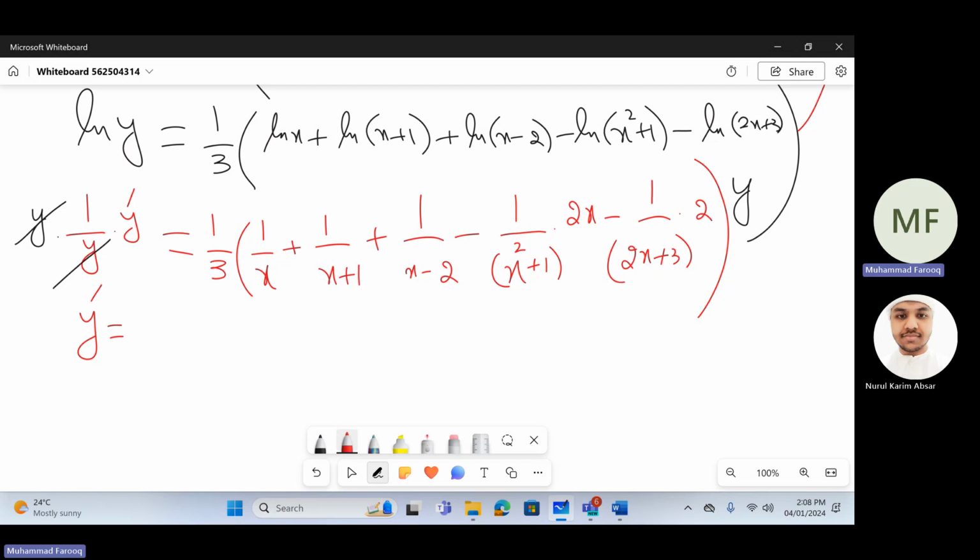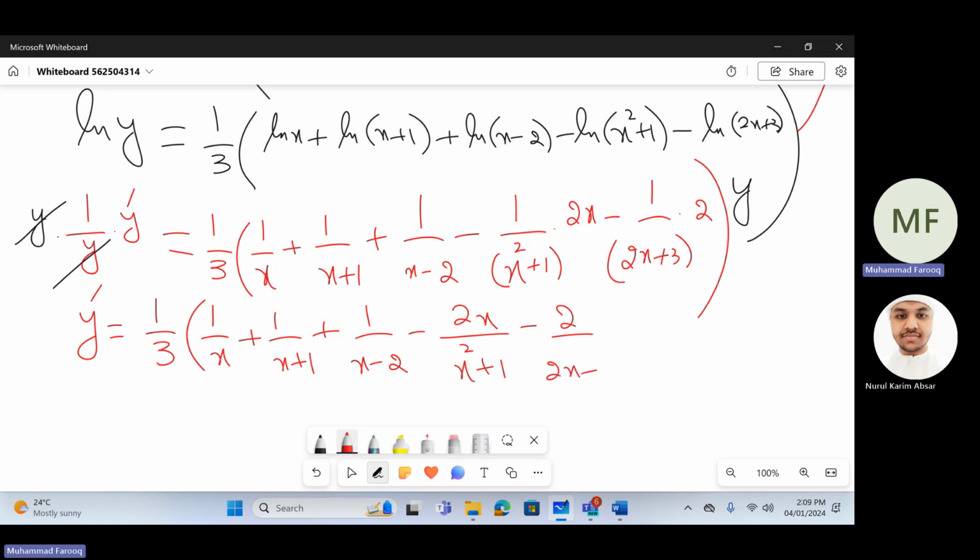So we have y here. Y means the question, so please just copy and paste the y value here. Y value is basically the question. 1 by 3, then copy and paste the same thing: 1 by x plus 1 by x plus 1 plus 1 by x minus 2 minus 2x divided by x squared plus 1 minus 2 divided by 2x plus 3, and multiply by y.